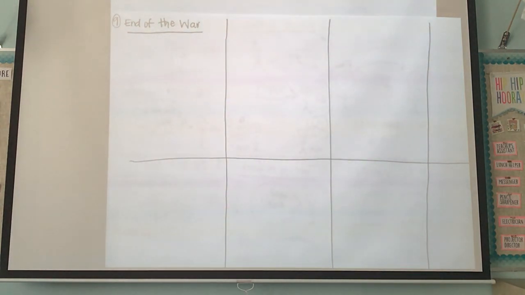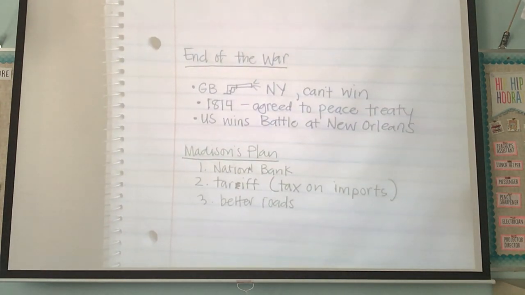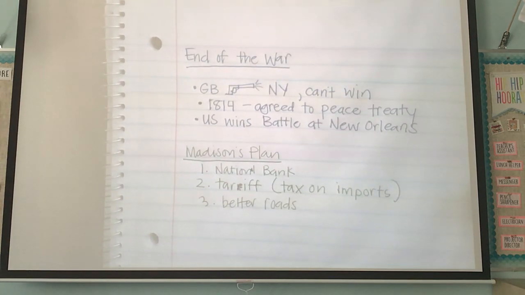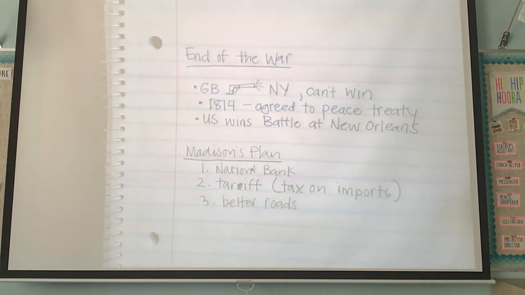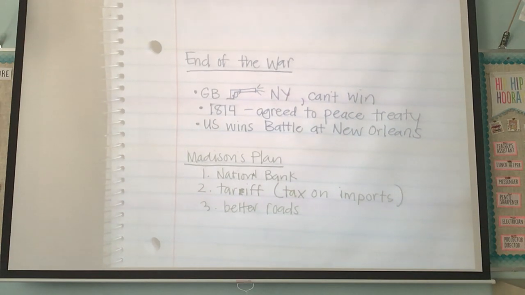Now in my notes, I see that Great Britain attacked New York and they can't win. I'm going to show you my notes so you can see. I have Great Britain, then my attack symbol, New York, and can't win. Remember, my goal is to make this less words and more symbols on my timeline.